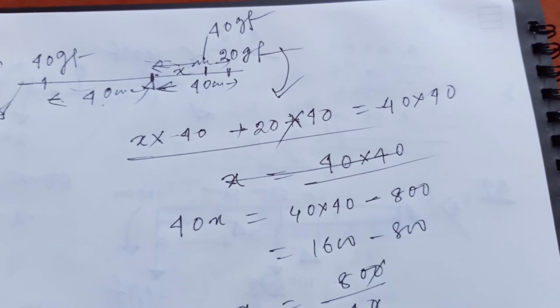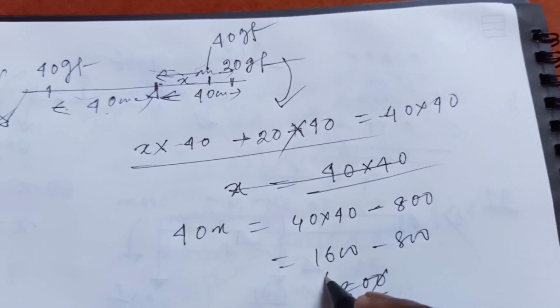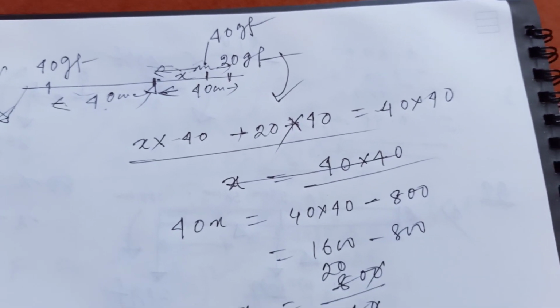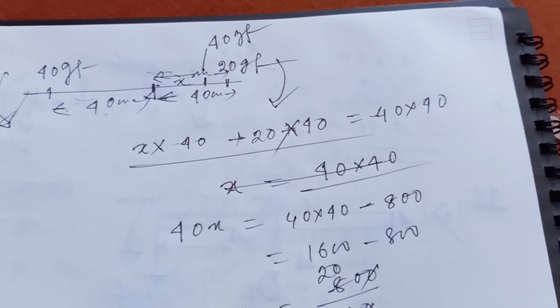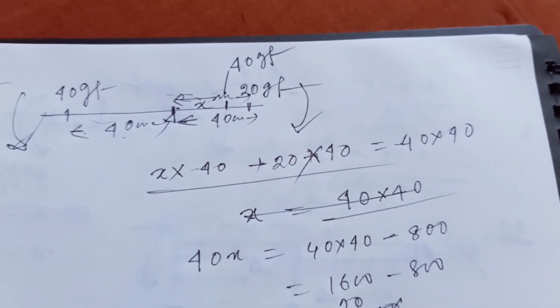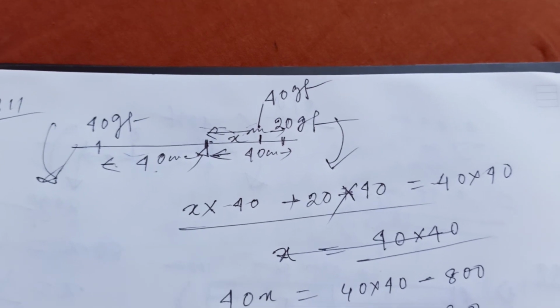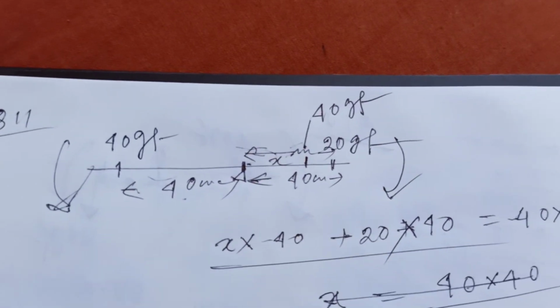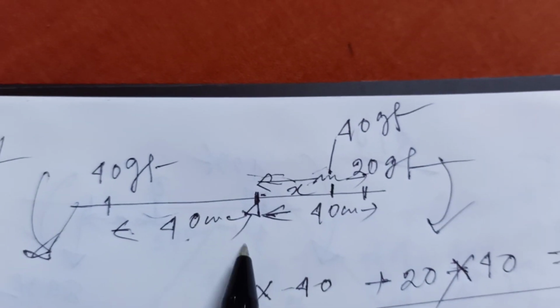So x equals 800 by 40, which is 20 centimeter. So x equals 20 centimeter.